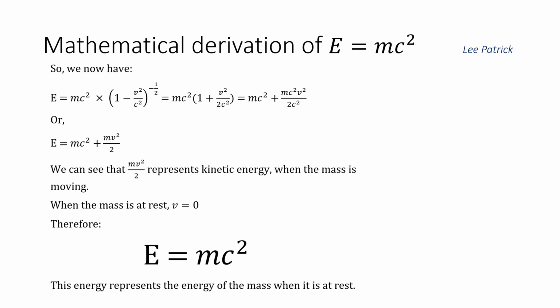We can see that mv squared over 2 represents kinetic energy when the mass is moving. When the mass is at rest, v equals 0, and this expression for kinetic energy disappears. Therefore, we can see that E equals mc squared, and this energy represents the energy of the mass when it is at rest.